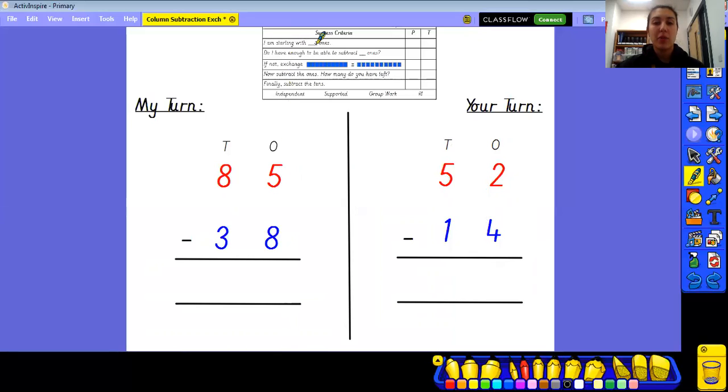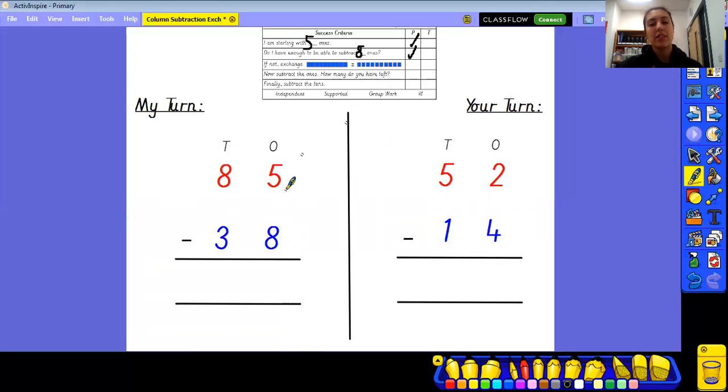I am starting with, so remember the number on top is what I am starting with. I am starting with 5 ones this time. Do I have enough to be able to subtract 8 ones? No, I don't, because 5 is smaller than 8. So I don't have enough to be able to do 5 take away 8.